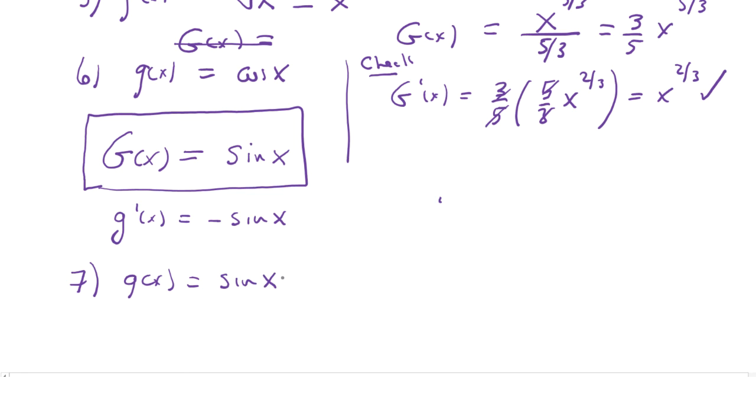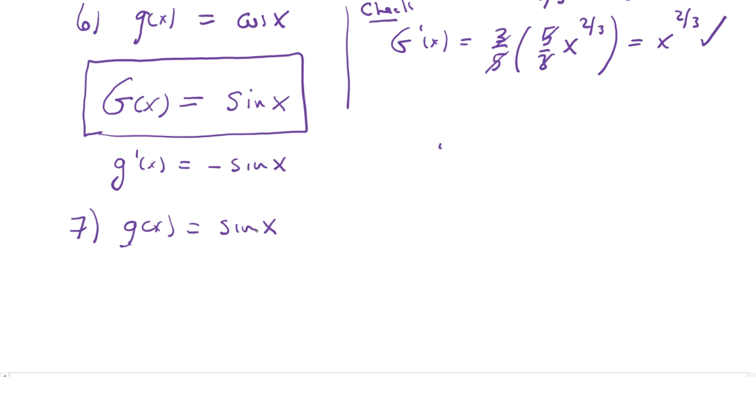This one's a little trickier. Again, g prime of x is cosine x, but remember we're working backwards. We want a function whose derivative is sine of x. So you could pause this for a moment if you want and see if you can write down the correct answer and then start it up in a second. I'll wait a moment here to let you pause it.